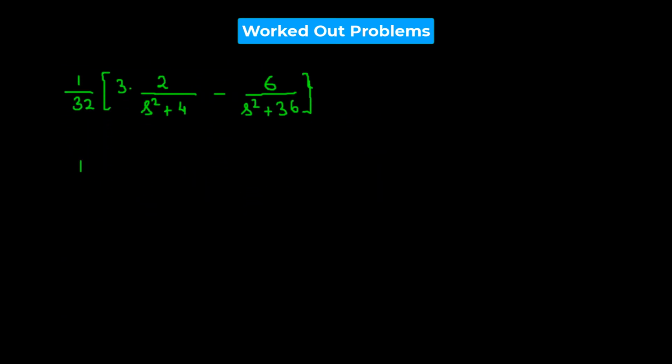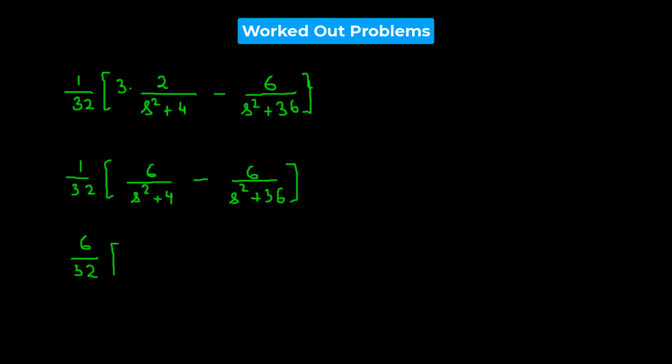So we have 1 over 32, 3 times 2 is 6 divided by s squared plus 4 minus 6 divided by s squared plus 36. Now we can take 6 as a common term from the numerator of both the terms. So that will give us 6 over 32 times 1 over s squared plus 4 minus 1 over s squared plus 36.